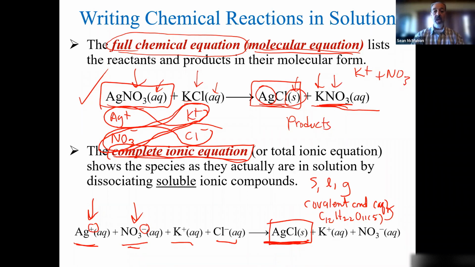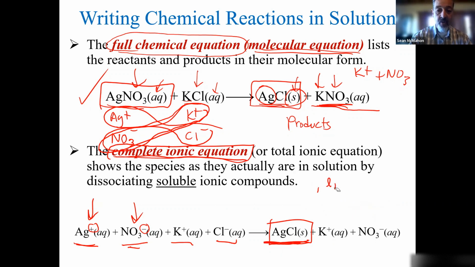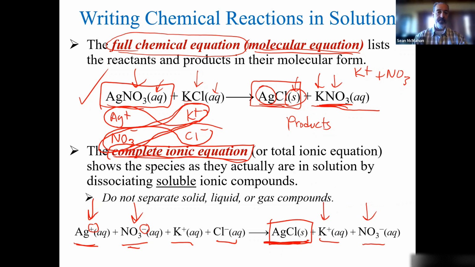But with the total ionic, I need to separate the aqueous salts, right? The soluble ionic compounds are going to be separated ions. So I see that potassium is separated from nitrate. Why is that? Group 1 and nitrates are always soluble.